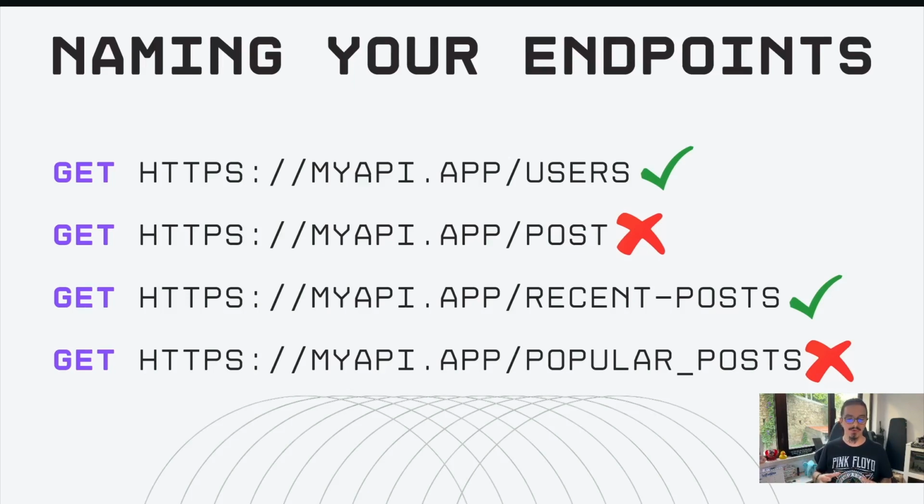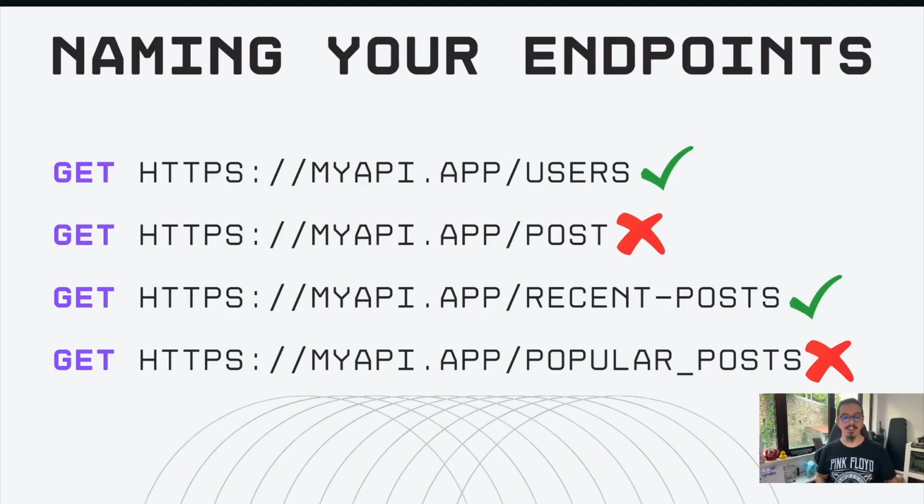So if you choose a way and follow that standard in all your application or API, it's going to be much easier for your users to use it. In this case, personally, I would say use the plural forms for resources. It's much more understandable for your API.